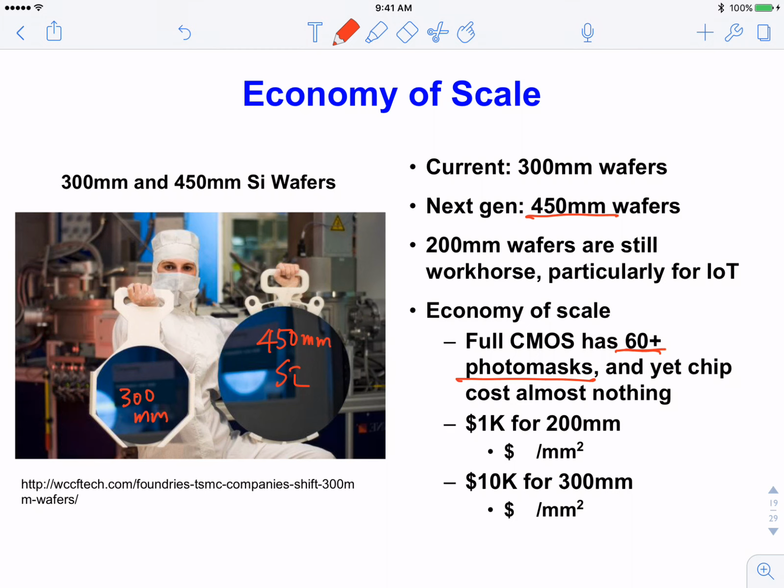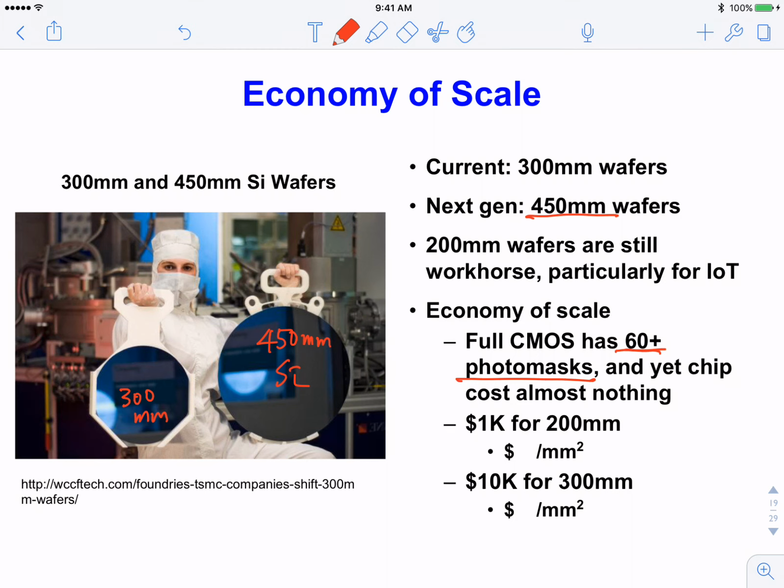Anything you do 60 times is pretty complex. To build a fab, that is a factory, to manufacture these wafers, it costs about $3 billion upwards for the 450 millimeter wafer, probably upwards of $5 billion to build a factory.